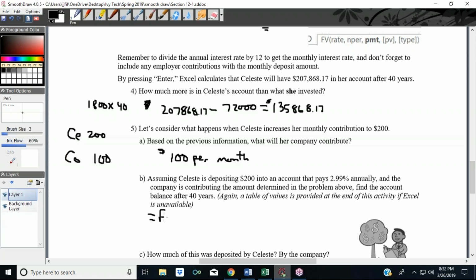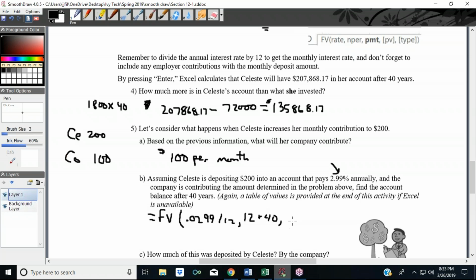So remember, this is the future value function. So we should put in, we have the 2.99%, so 0.0299, divided by 12, because we need to have that monthly, and then 12 months times 40 years.